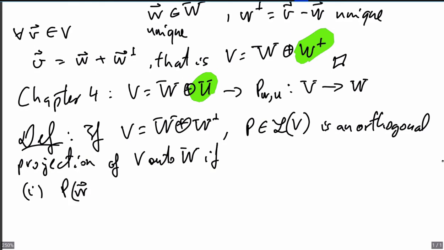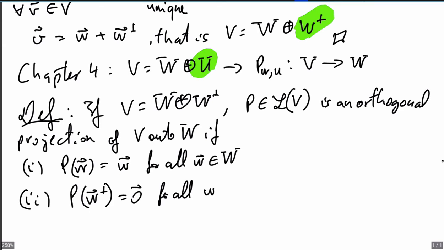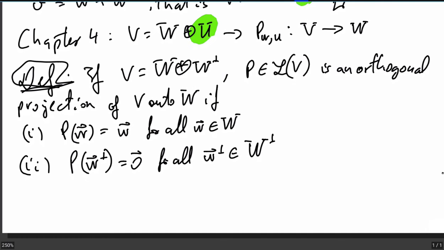P of w equals w for all w vectors from the W subspace, and the second one is that P of w perp equals the 0 vector for all w perp vectors from the W perp vector space. So this is the definition.